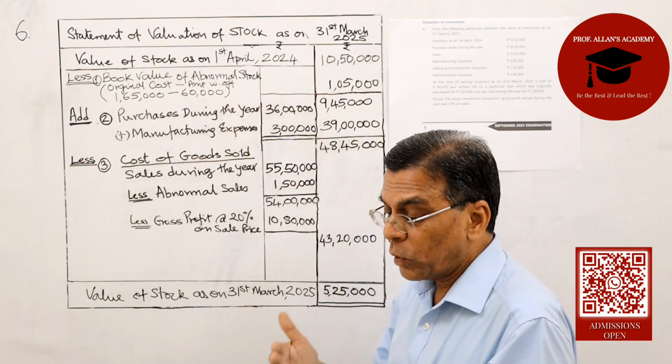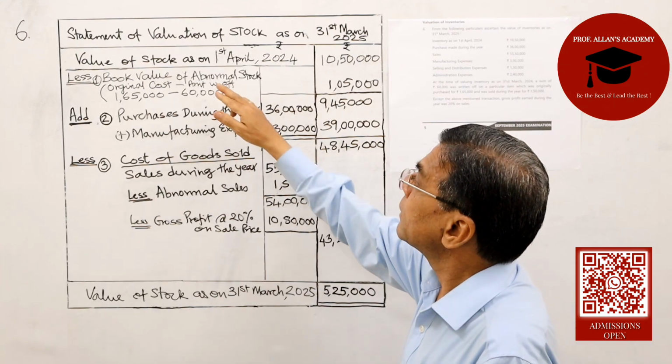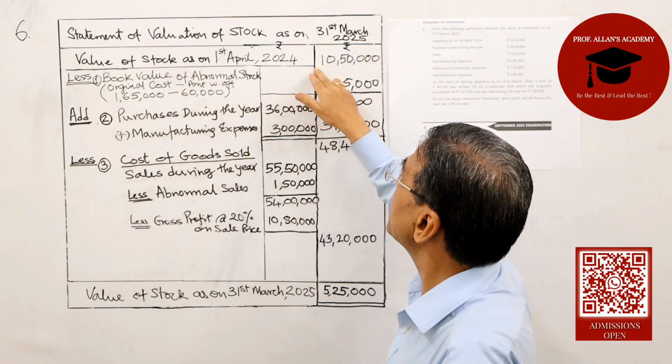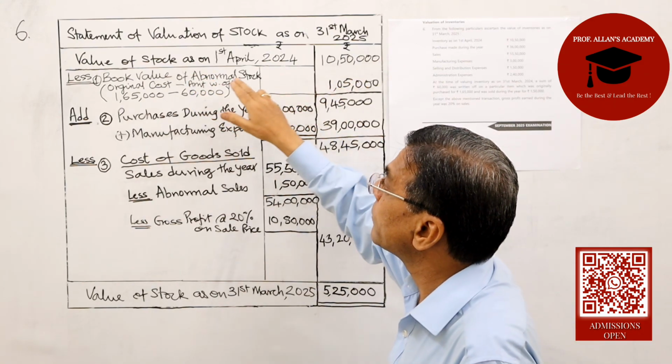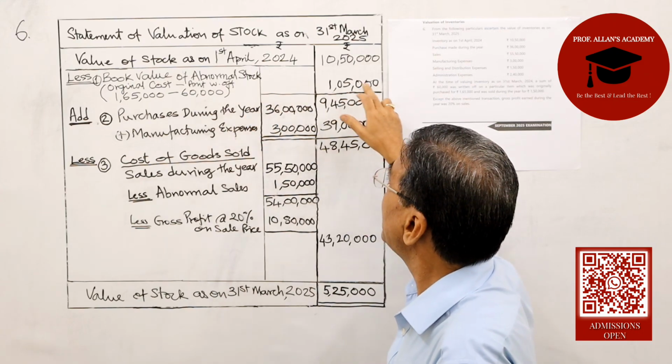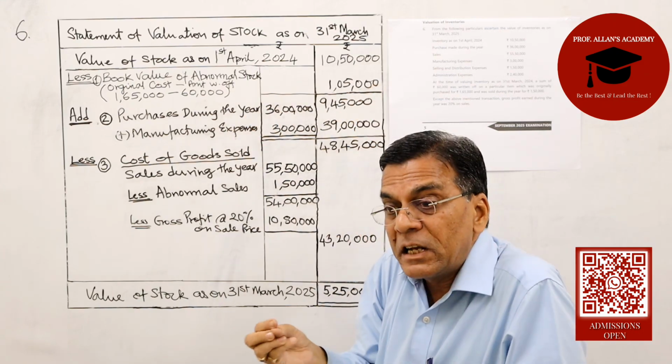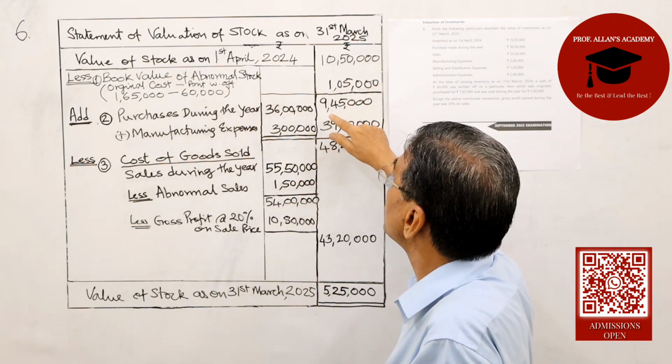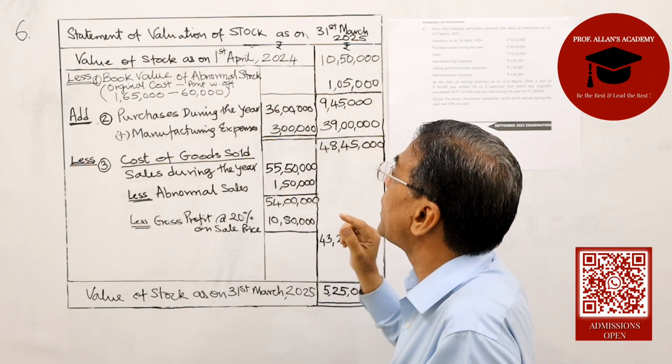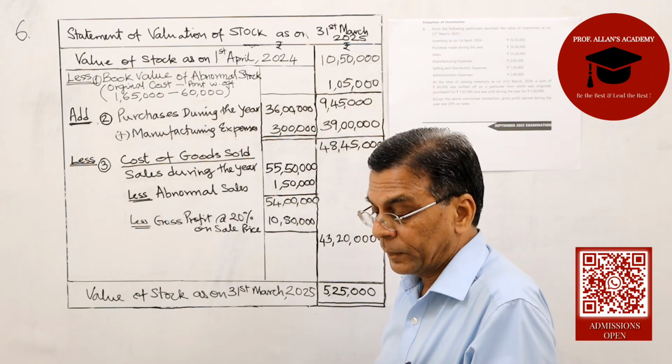When I work this out, I find that the value of my stock on 1st April is 10,50,000. As mentioned to you, the abnormal value of stock still remaining in it is reduced, so my net value comes to 9,45,000.